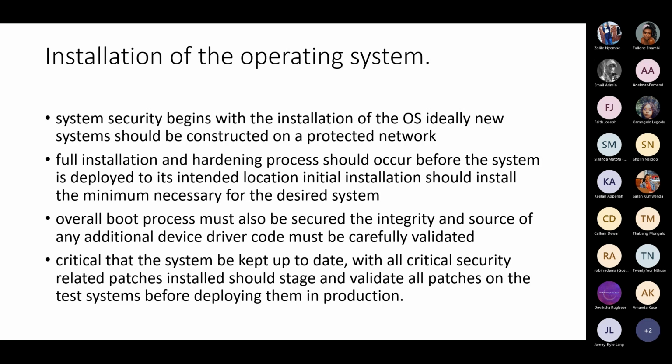Ideally, new systems should be constructed on protected networks. Full installation and hardening process should occur before the system is deployed to its intended location. Initial installation should install the minimum necessary for the desired system. Okay, so before you deploy your operating system, you need to make sure that the infrastructure that it's on is well secured, including physical security, locks, and all of that stuff.